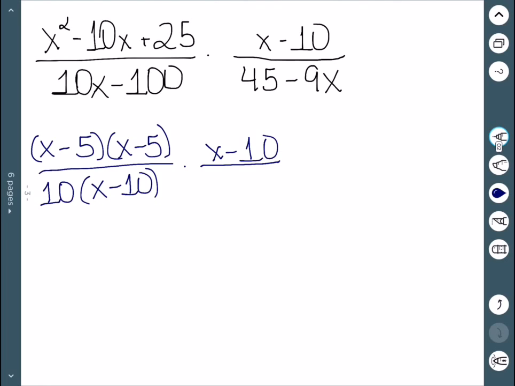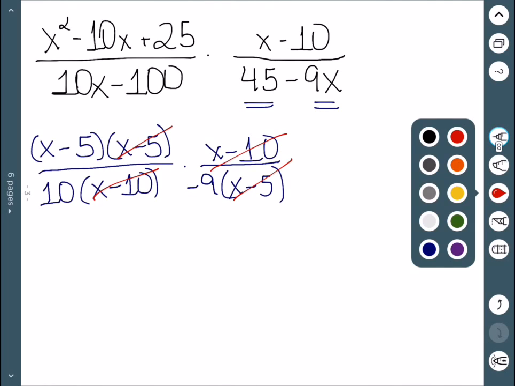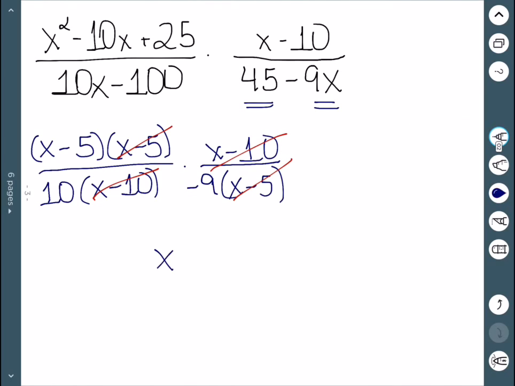However, I'm going to pull out a negative 9. And this is going to leave this 45 into a negative 5 and this negative 9x into a positive x. So x minus 5. This makes one of the x minus 5's cancel and the x minus 10 cancel. So the top is just left with x minus 5 and the bottom is negative 90.